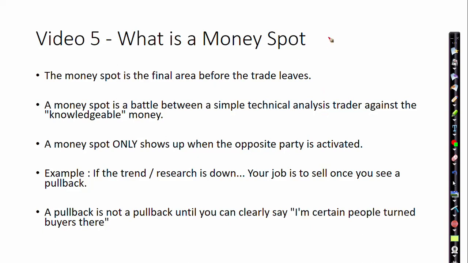Let me explain here. Let's say price goes down, pulls back, and goes down. All right. Now you can see price goes slightly higher. Do you think the retail trader will think this is a buy opportunity? Absolutely not. So now the retail trader is also a seller.